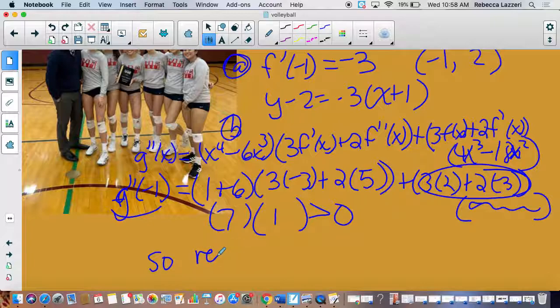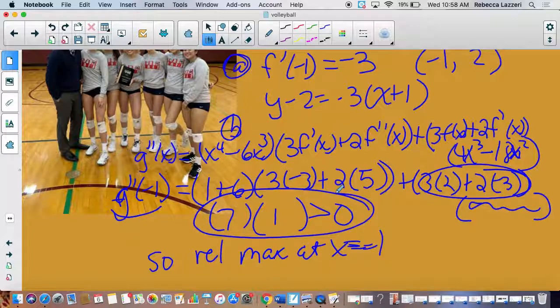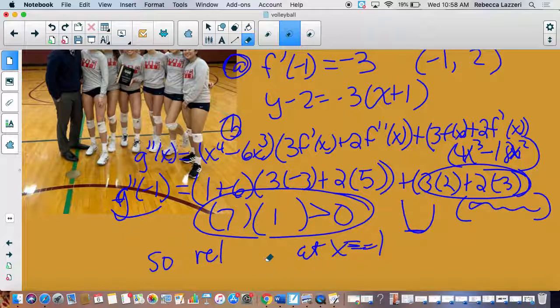So there's a relative maximum at x equals -1, because your second derivative was greater than 0. And do you see me hesitate? Greater than 0 feels like a max, but this should be a min, because it's concave up, relative min.